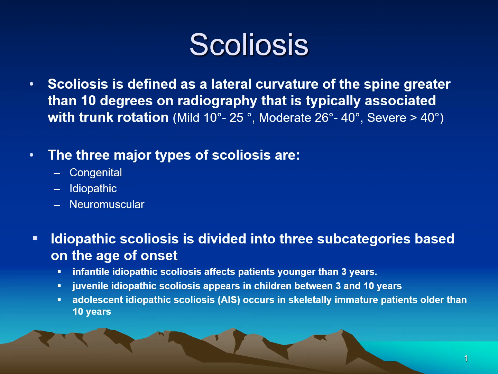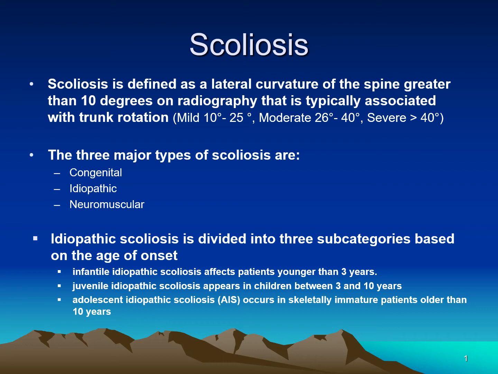Three major types of scoliosis exist. Congenital is where you're born with a misshaped vertebrae, where the spine is forced to alter its lateral deviation to compensate for maybe a trapezoid-shaped vertebrae. Idiopathic is the more common. The idiopathic adolescent scoliosis is truly that.